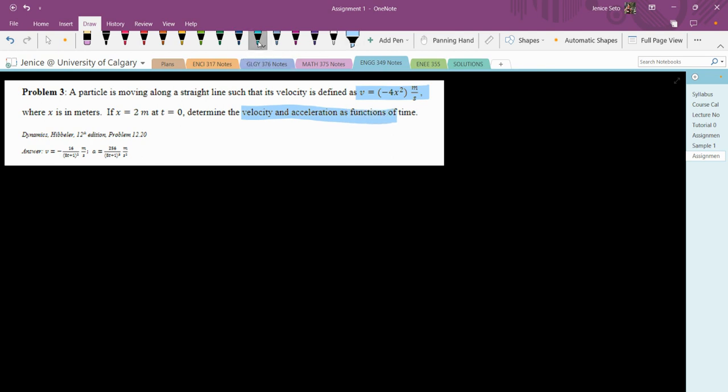And again, we have these initial values that we have to work with as well. So because it's not constant acceleration, we can't use those equations that we used from the first question. We have to do something a little different. So, like we said, we need to transform velocity into a function of time.